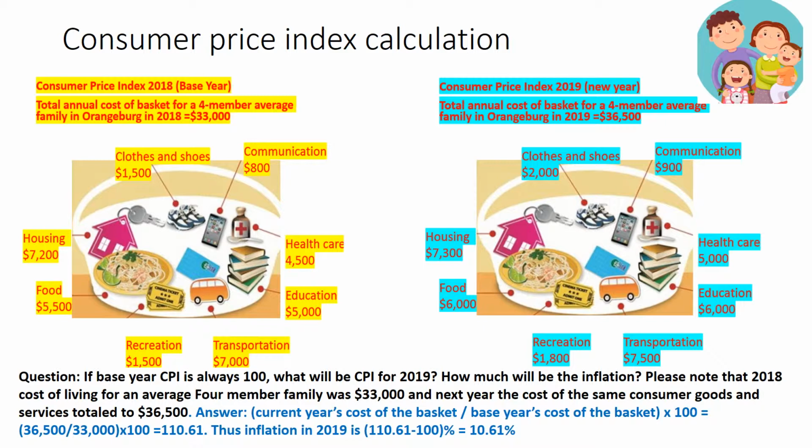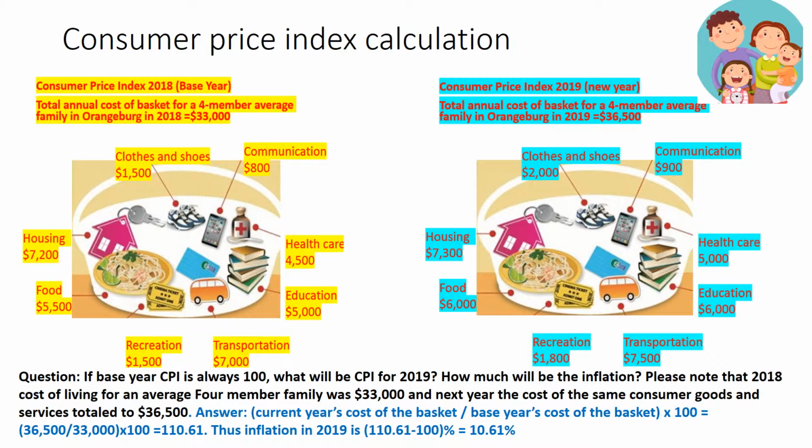To answer that, we need to use the following formula. Current year's cost of the basket divided by base year's cost of the basket, we put these two elements into parentheses and then multiply that result by 100. That should give us the current year's CPI value.